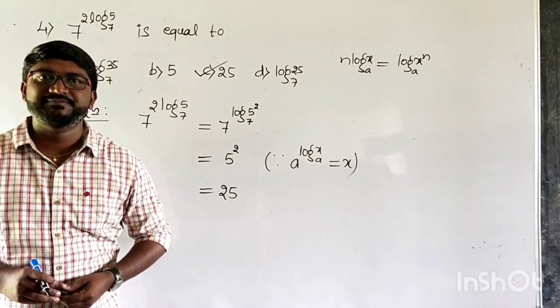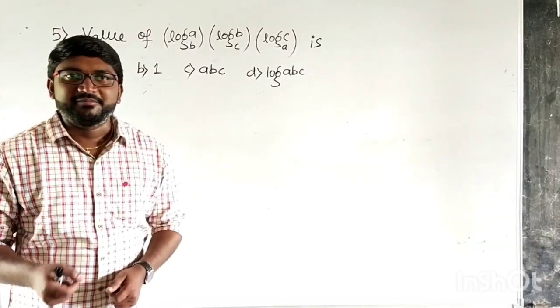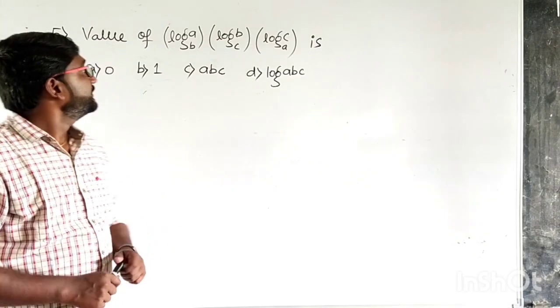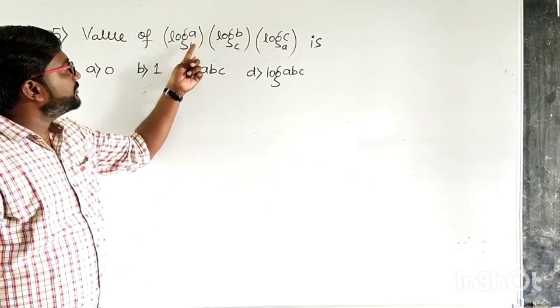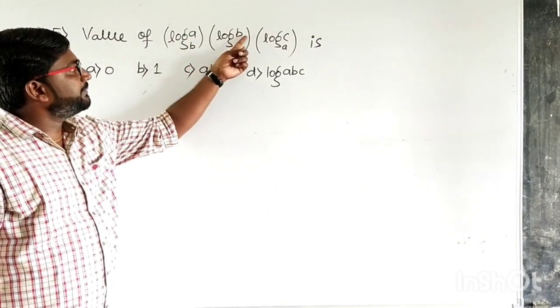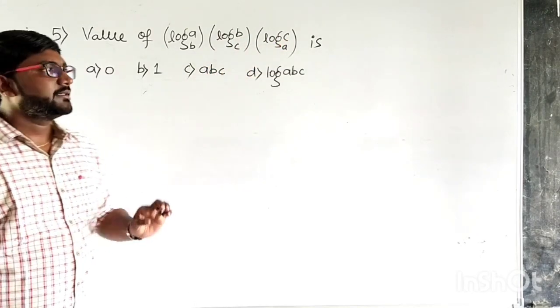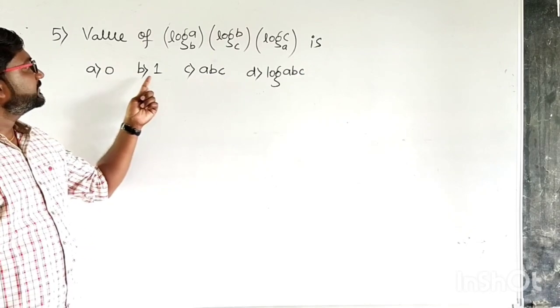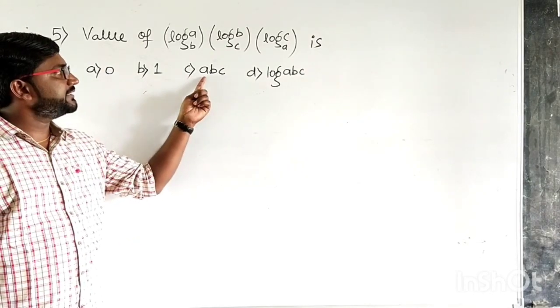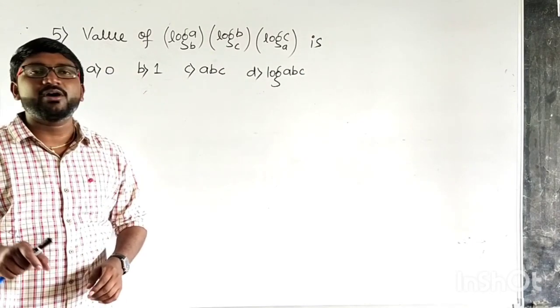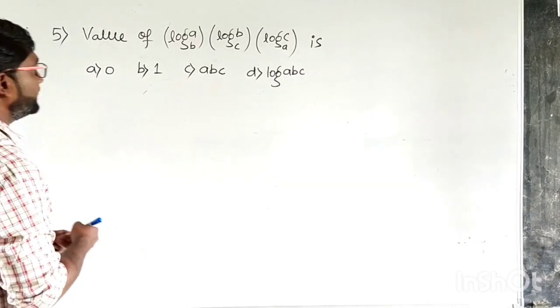Well, the fifth question is, the value of log a to the base b, log b to the base c and log c to the base a is, the first option is 0, second option is 1, third option is abc, fourth option is log abc. So let us solve this.